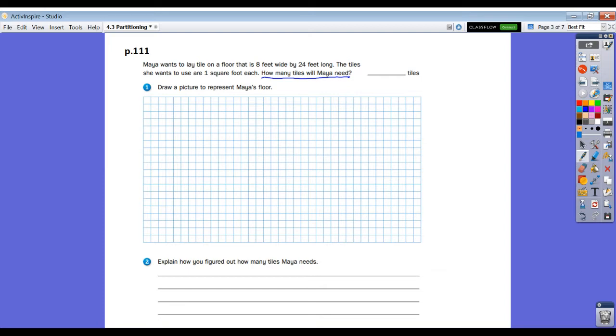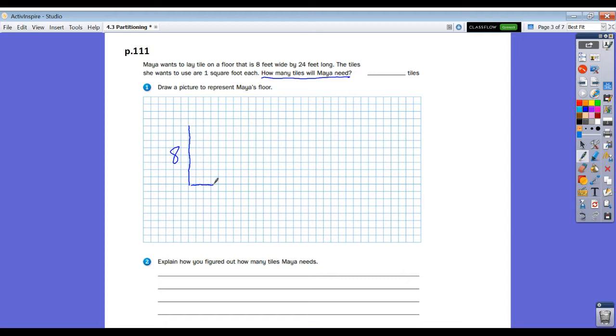So for my plan, I'm probably thinking, okay, let's follow the steps. Step one says, draw a picture to represent Maya's floor. So if I know it's 8 feet and each of these little cubes or units is a foot, I'll go 8, draw this on your page too, 8 by 24.